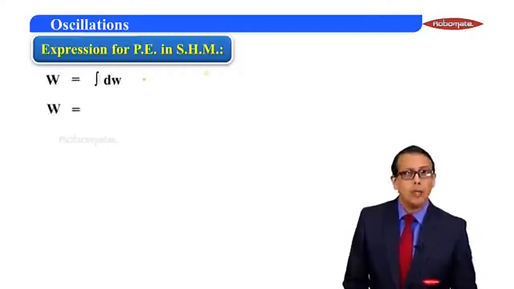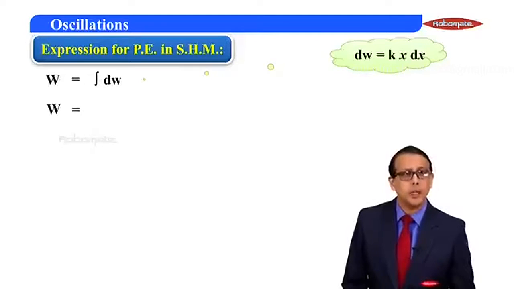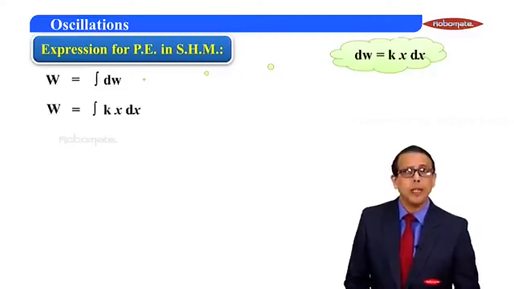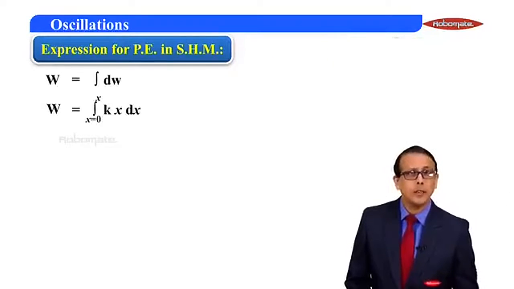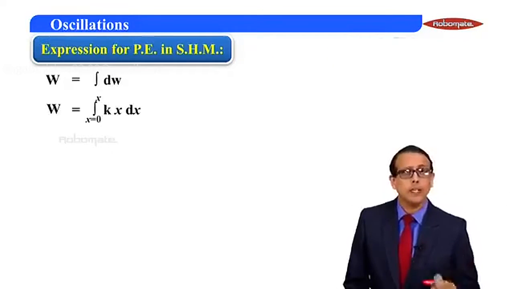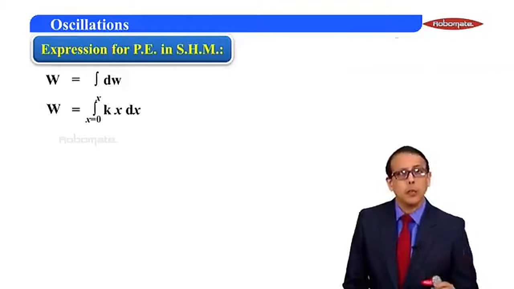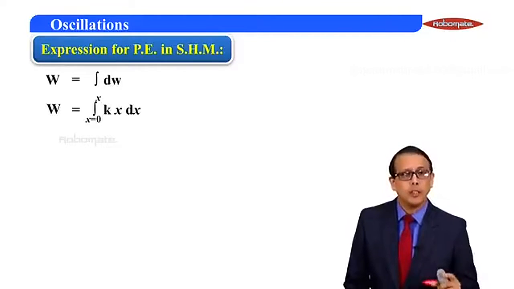As we know, dw is kx dx. Let us substitute it here, and the value becomes integral kx dx with the limits x equal to 0 to x. That is, the particle moves from mean position to any distance x. For that displacement, we are calculating the total work done.